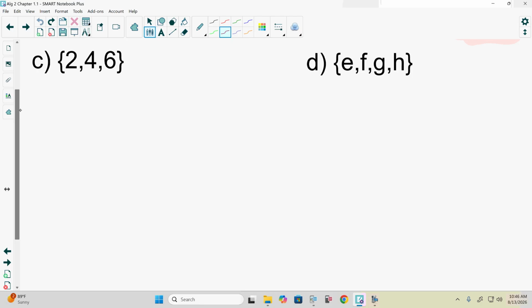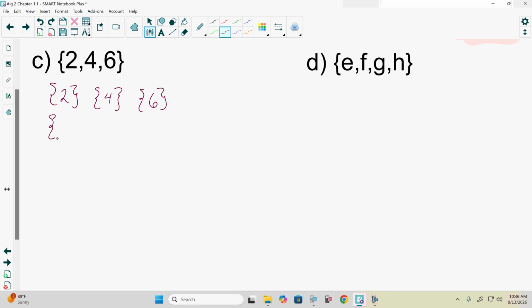Yes? Well, we know one of them is going to be what? 2. Just the set containing 2, because it's part of the whole. Our next ones would be 4 and 6, because we can have sets containing one element. 2, 4, 6 are all contained in the set 2, 4, 6, so we can have one of each.